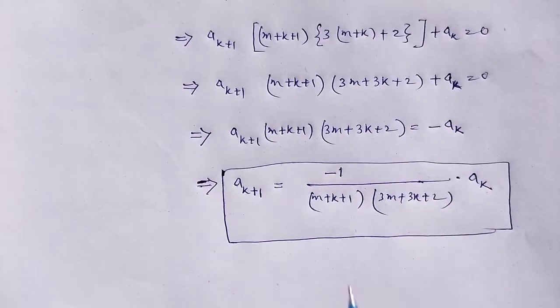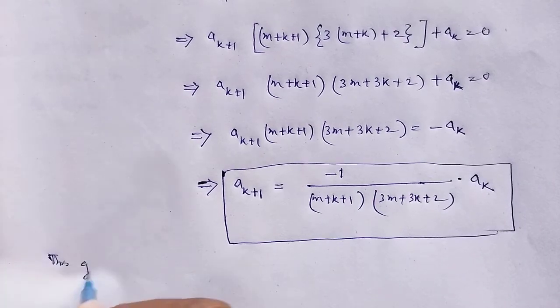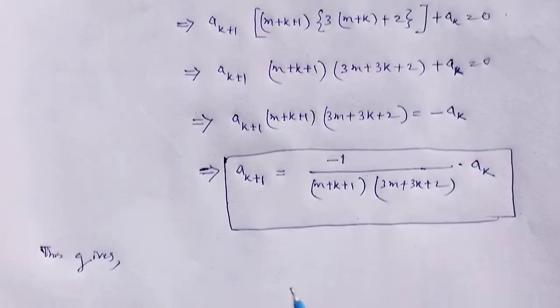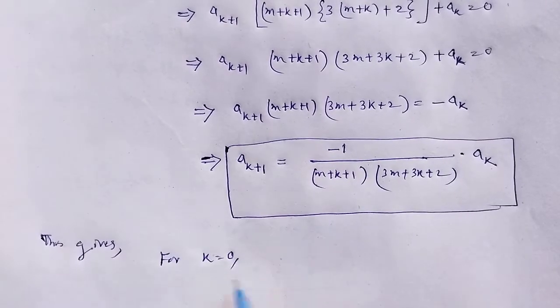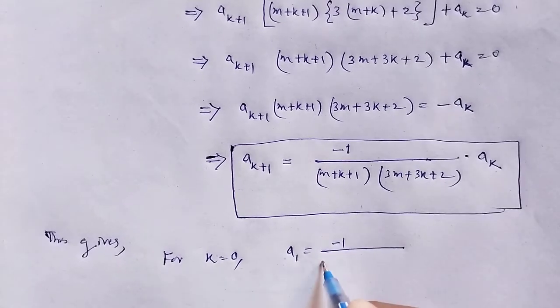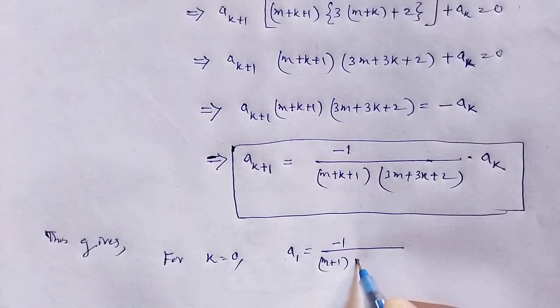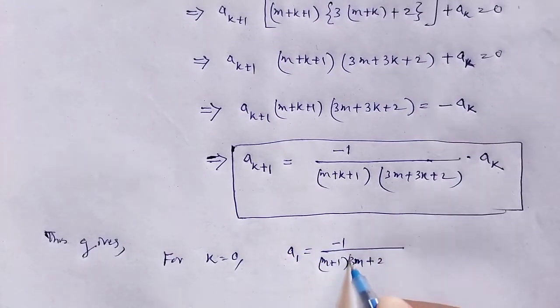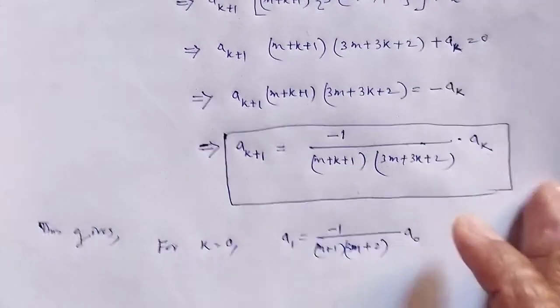Now this equation gives, for k equal to 0, that is, a₁ will be how much, −1 divided by (m+1)(3m+2) into a₀, taking k equal to 0.